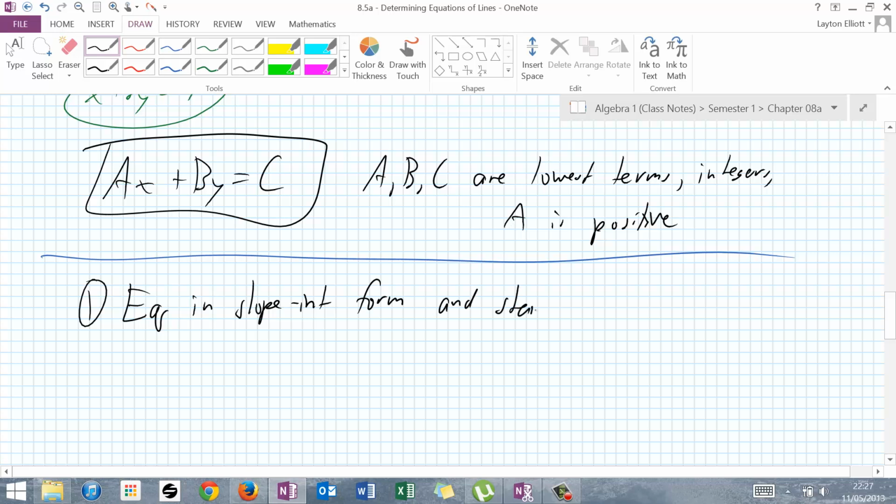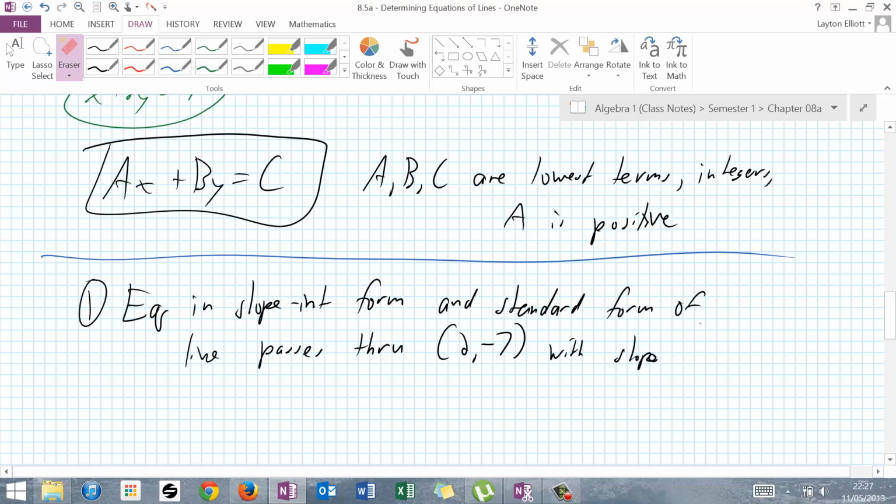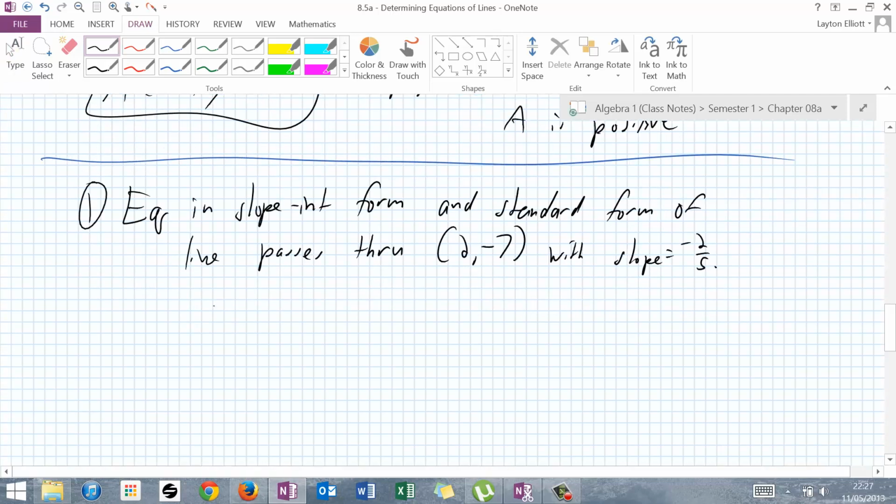So we're going to do double work here of a line that passes through 2, -7 with a slope of -2/5. So to do that, we're going to go back to point slope form. Remember, y minus y1 equals slope times x minus x1.